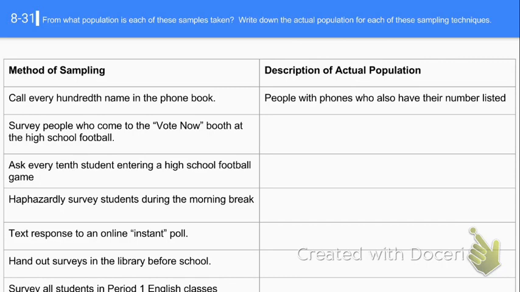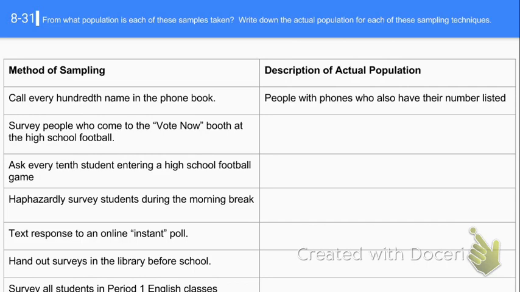So the top one is saying, if we did a sample by calling all of the 100th names in the phone book, you'll notice over on the right it says the description of that would be people with phones who also have their numbers listed. Okay, so we want to identify the population. Before I answer, make sure to write in your own answers and type them into the questions.